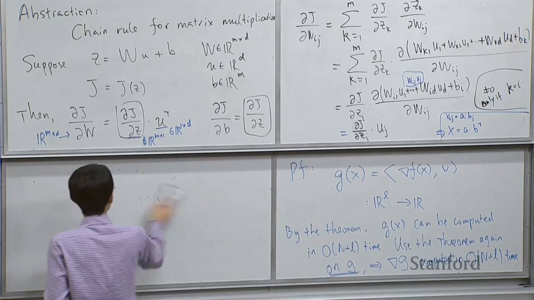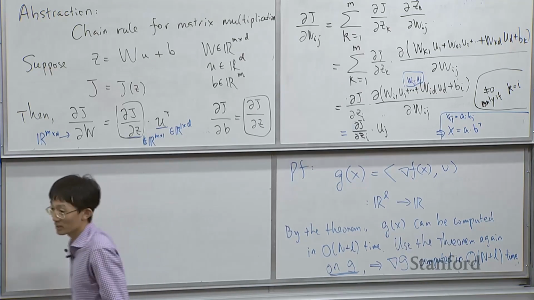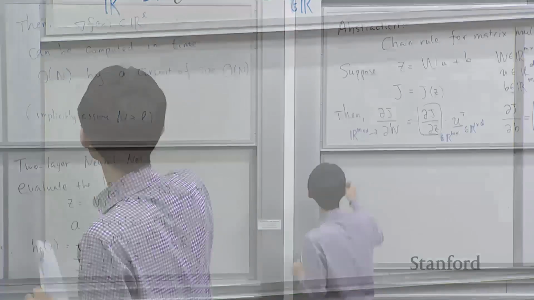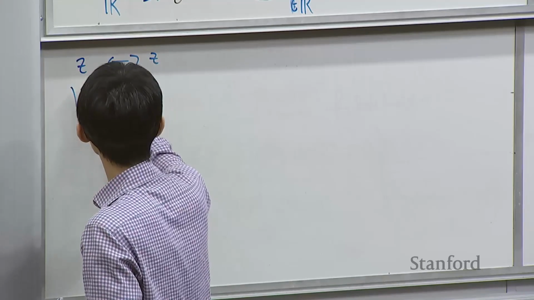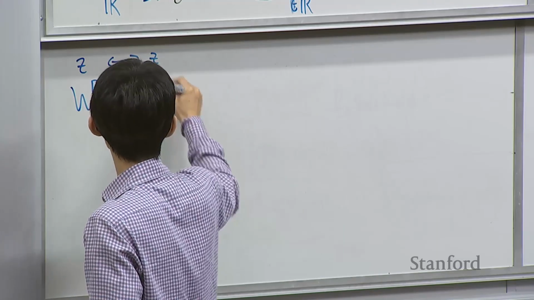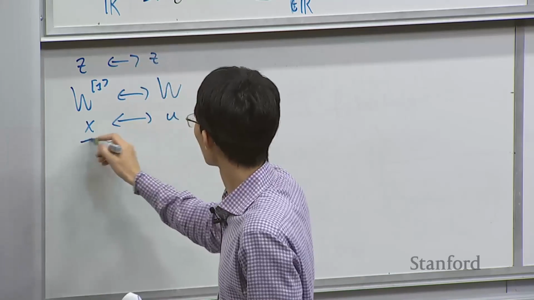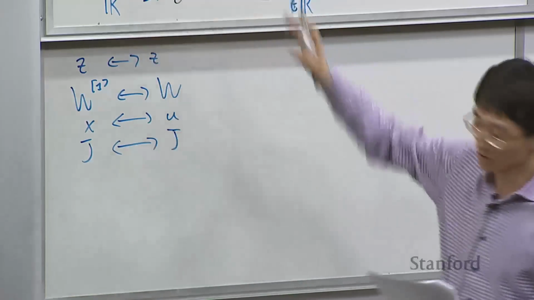Okay, so now I'm going to apply this abstraction, this so-called vectorized form of the chain rule, to a problem here. So what's the mapping? The mapping is that z maps to z, W1 maps to W, x maps to u, and J maps to J. So that's how I use this abstraction.